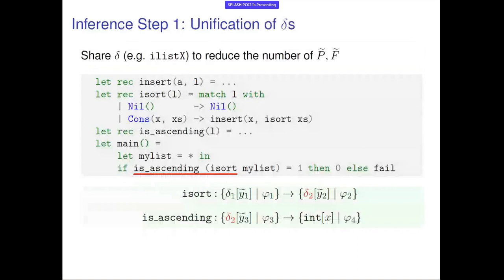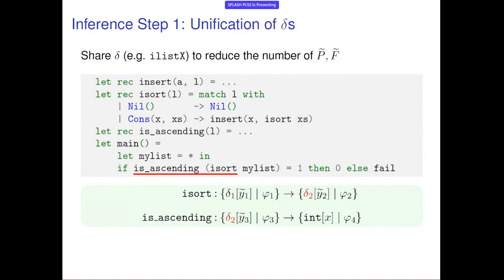Okay, the first step is the unification of deltas. Delta is something like iList X. The verifier shares delta to reduce the number of predicates and functions to make the verification easy. For example, in this case, the return type of isort is ascending, and the parameter type shares the same delta.